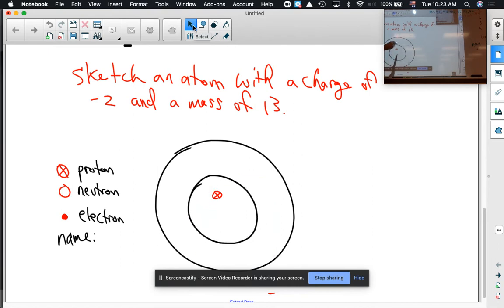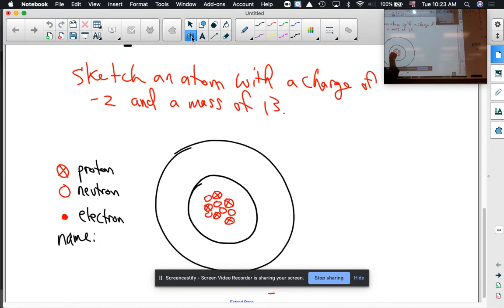There, I think my rings were too small. Okay, 1, 2, 3, 4, 5. So I could just stop with 5, and then I would need, let's see, 1, 2, 3, 4, 5, 6, 7, 8.